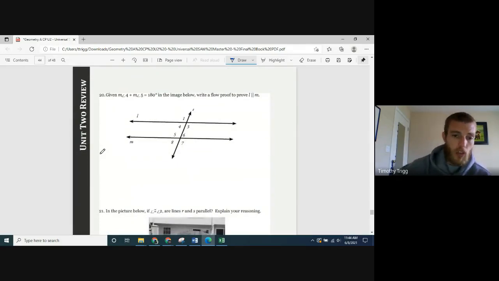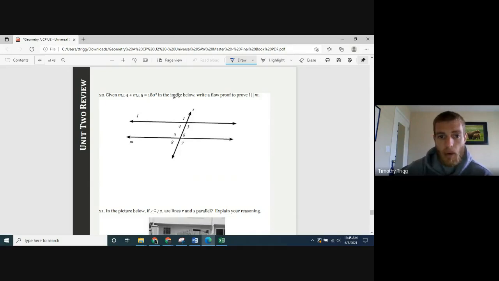So question 20, it says, given that the measure of angle 4 plus the measure of angle 5 equals 180 degrees. All right, let's stop right there. What does that mean when two angles add up to 180 degrees? What do we call that? They're supplementary, right? So in other words, they're saying angle 4 and angle 5 are supplementary angles.